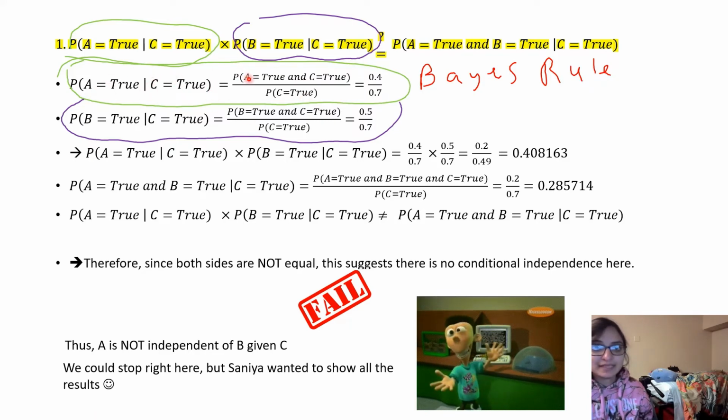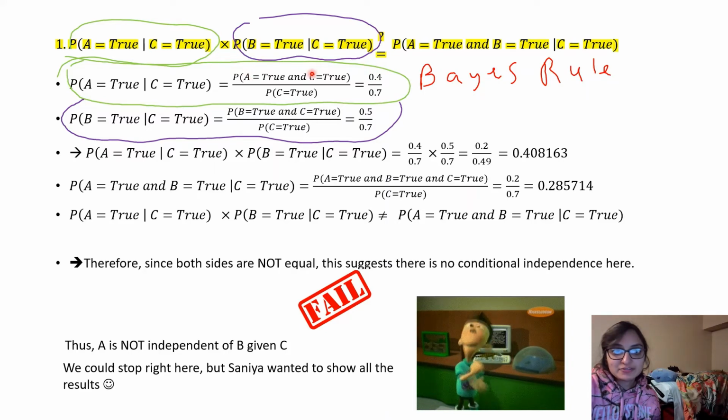So it's the probability A is true and C is true divided by the probability that C is true. We calculated that the probability A is true and C is true is 0.4, and we know that the probability C is true is 70%. So this probability is 0.4 over 0.7.